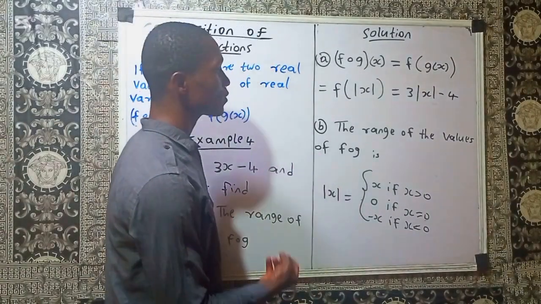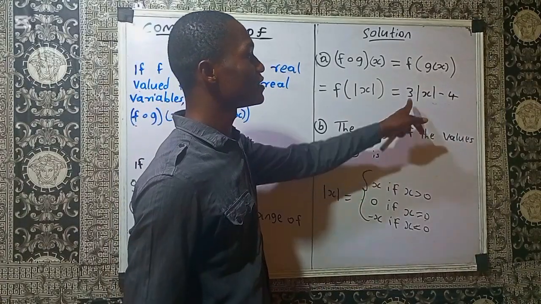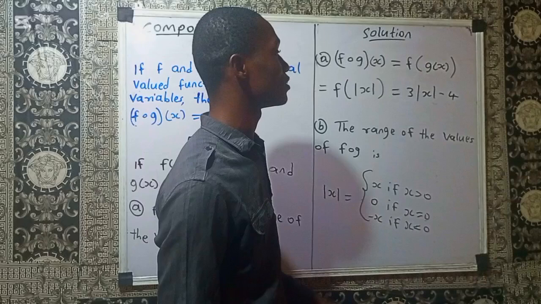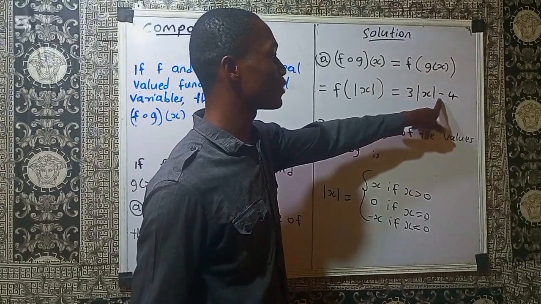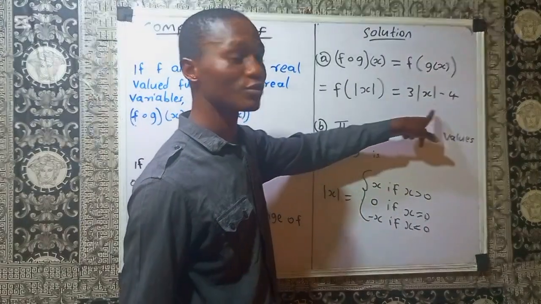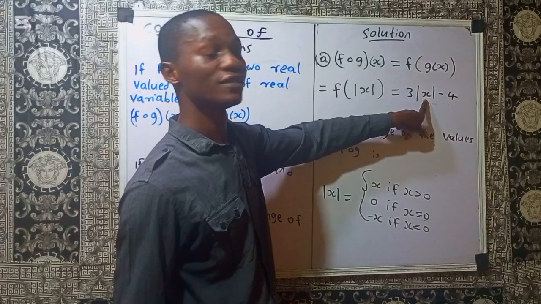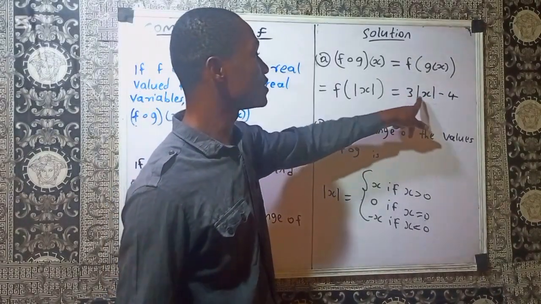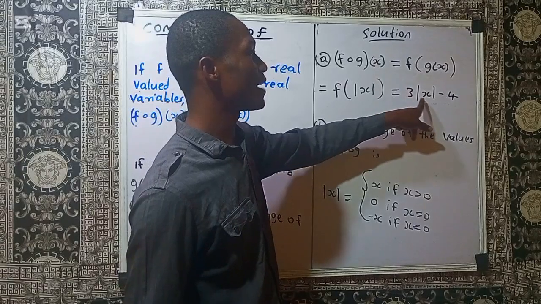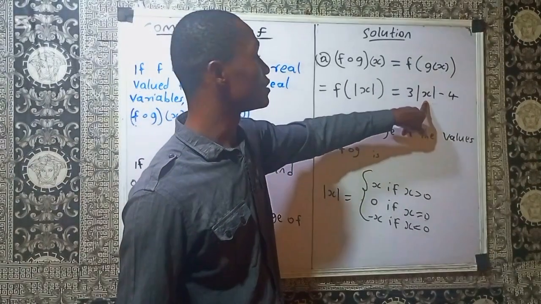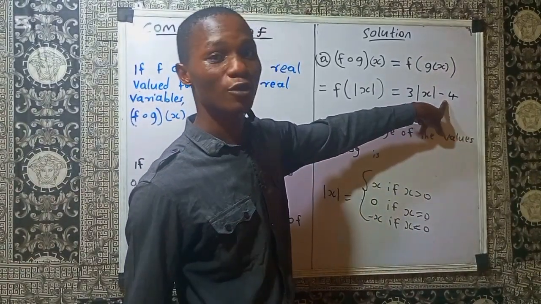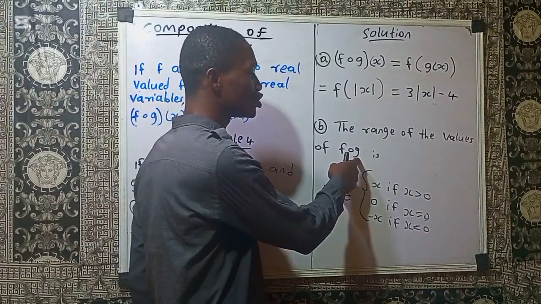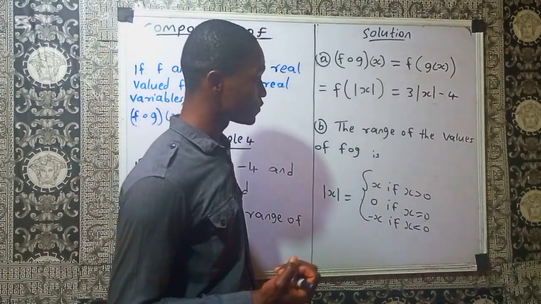So then what will be the smallest value of this expression, 3 times this quantity minus 4? The smallest is when the absolute value is 0. The absolute value is 0, then 3 times 0 is 0. Then 0 minus 4, you are going to get minus 4. So the smallest value of f composition g is minus 4.